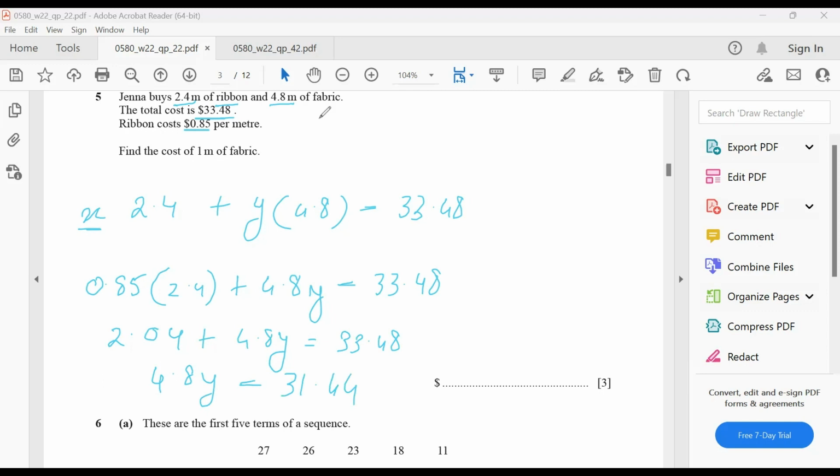Therefore, we need 31.44 divided by 4.8, which will give us y. So y is equal to 31.44 upon 4.8, which will give us 6.55. Therefore, the cost of 1 meter of fabric is 6.55.